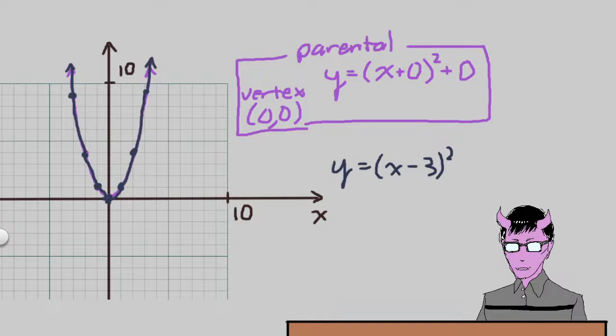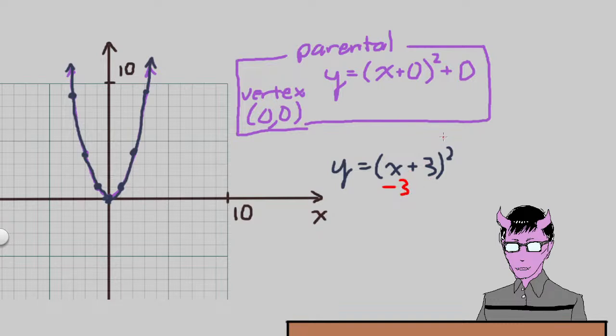So let's change it up a bit. What if it was y equals x plus 3 squared? We ask ourselves, what has happened? There is a modification of plus 3 in the parenthetical, so our input x is being increased by 3, which will cause a shift. What kind of shift? Our x-intercept will be shifted to where? We ask ourselves, how do we produce 0 if x is negative 3?